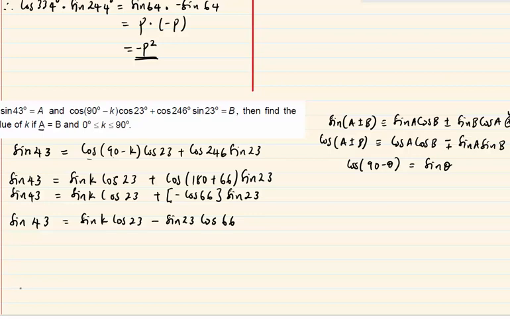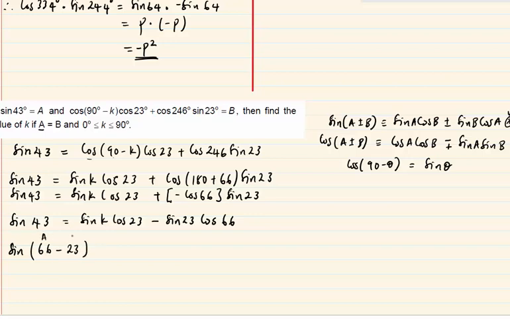Okay, let's see. If I went here and said to you that sine of 43 is the same as saying 66 minus 23. So 66 minus 23 is indeed 43, so I haven't changed anything.